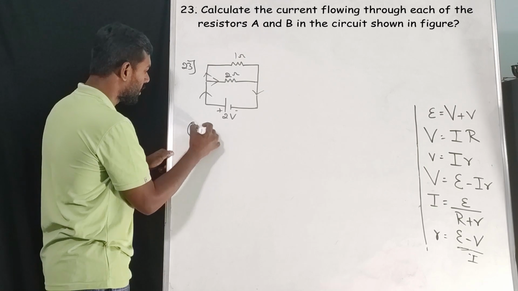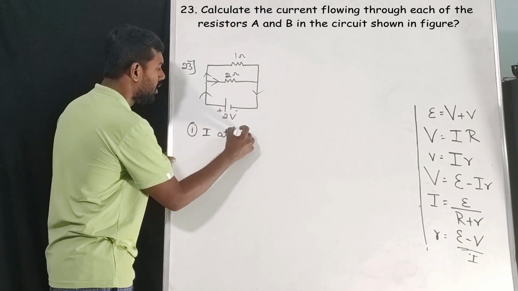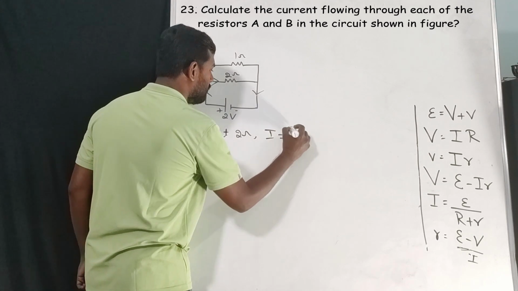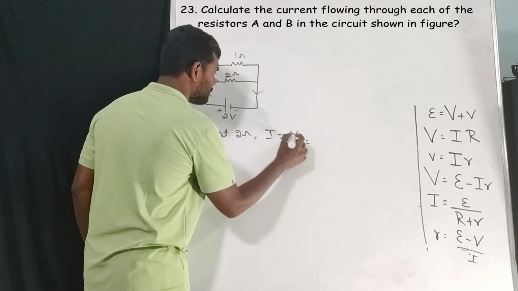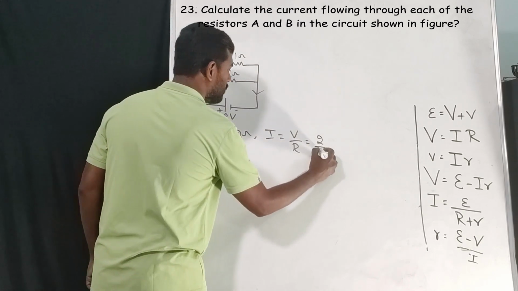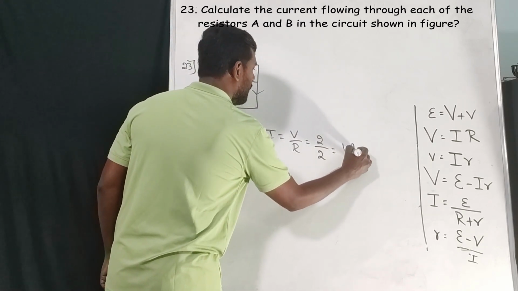Now, current at the 2 ohm resistor: I is equal to V by R. What is V? 2 volts. What is R? That is 2. 2 by 2 is nothing but 1 ampere.